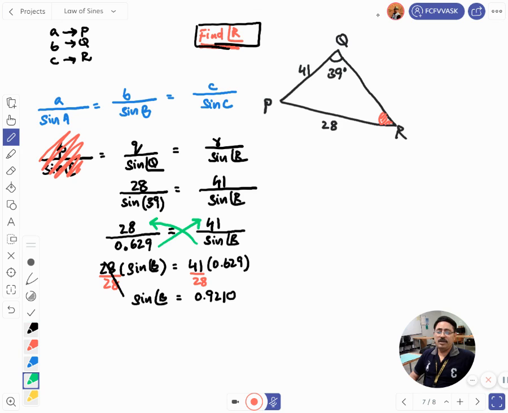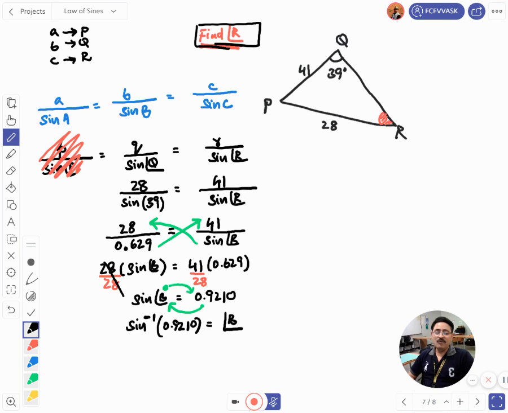A very important point is that while finding the angle, you have to switch these values. The sine goes to the other side and the number comes this side, and we write the inverse: sine inverse 0.9210 equals angle R. Why do we do it this way? The inverse operation of addition is subtraction, the inverse operation of subtraction is addition, and the inverse operation of multiplication is division.